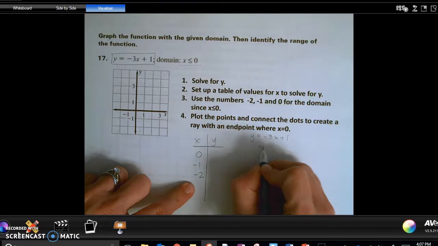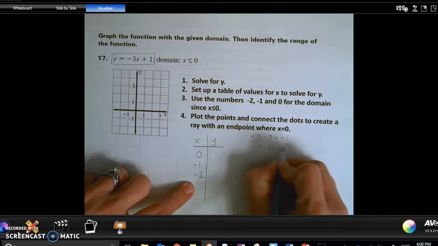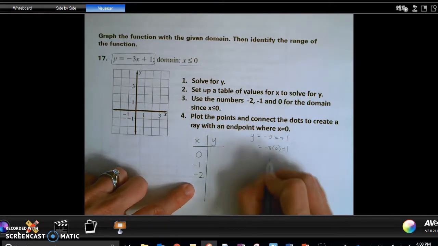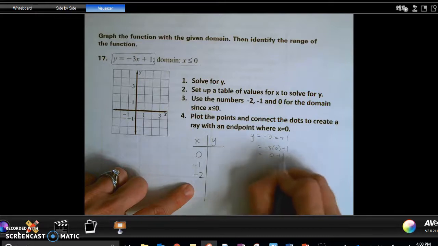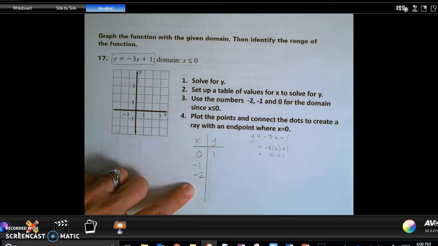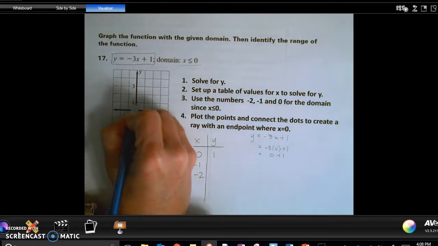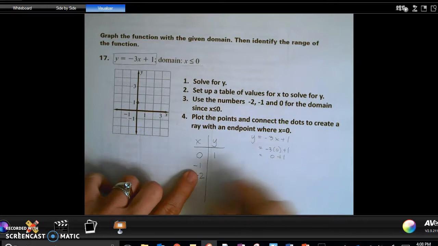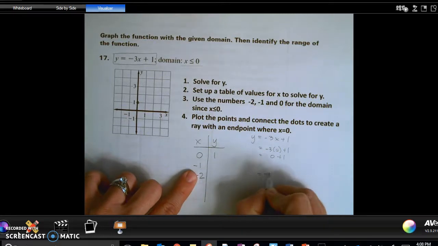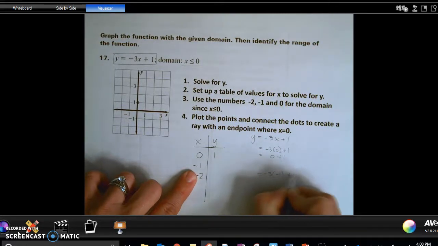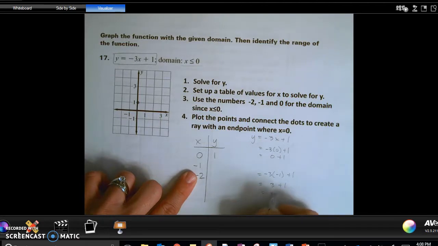So if I put 0 in for x, -3 times 0 is 0, plus 1 is +1. So I can go from the origin over 0 and up 1. If I substitute -1 in for x, that's -3 times -1, which is +3, and +1 makes 4.